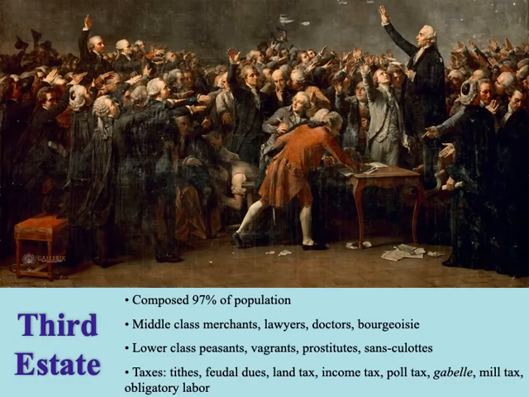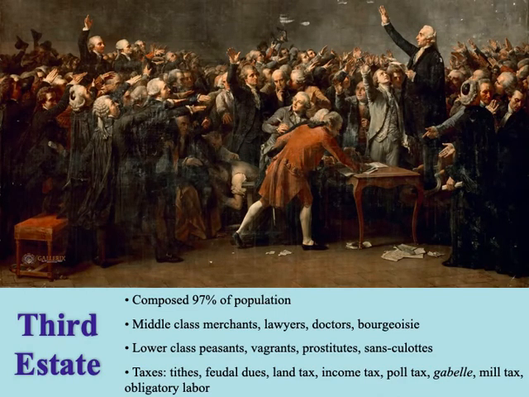Therefore, the burden of taxation was heavy with tithes, which was 10% of your income paid to the church, remaining feudal dues, a tax on land, an income tax, a poll tax, the very much hated gabelle, which was a tax on salt, mill tax, and also the corvée, which was known as obligatory labor.